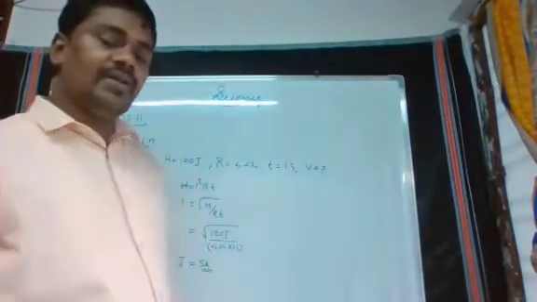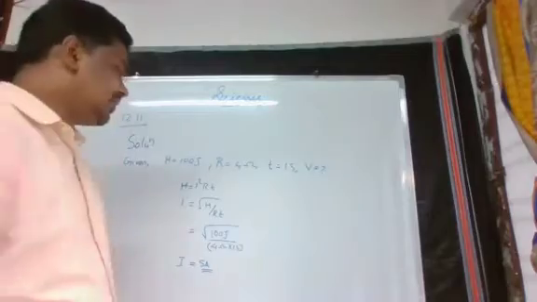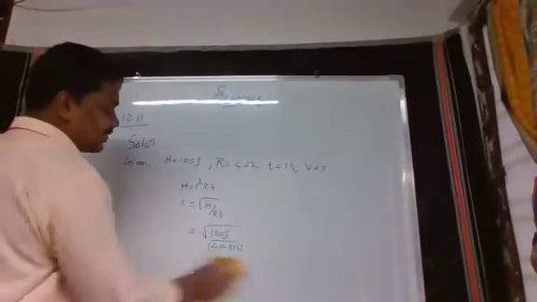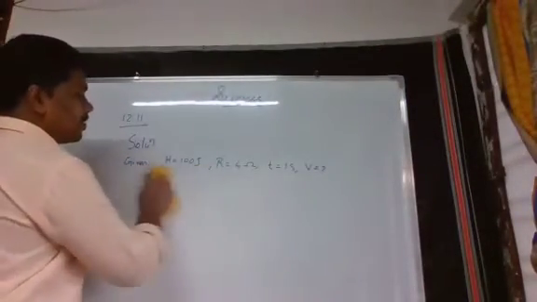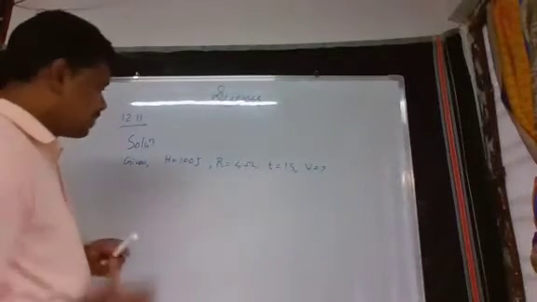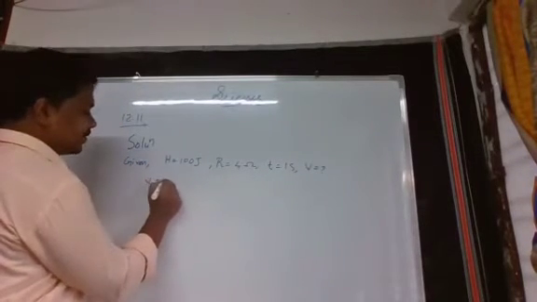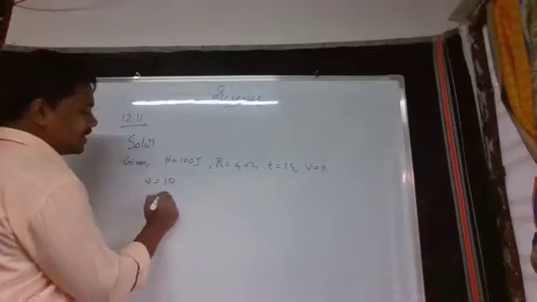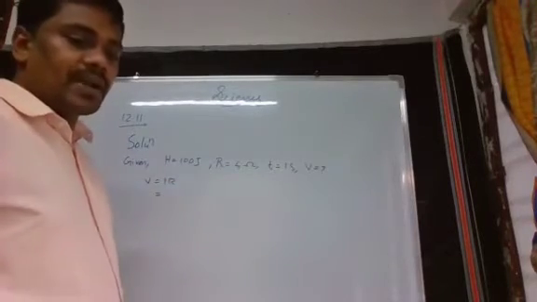Then how we are finding potential difference? That we are knowing. Yes or no? Potential difference V is equal to IR. So in this equation we are providing what?